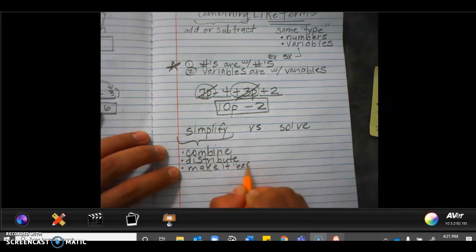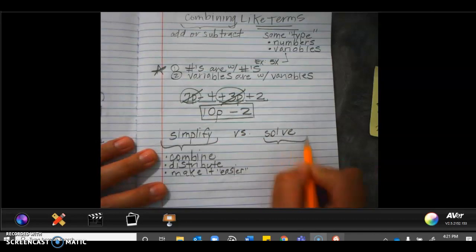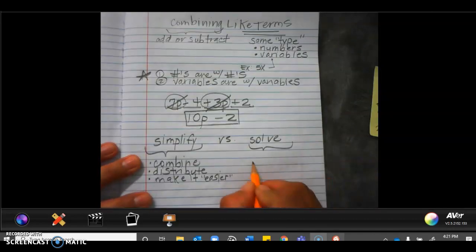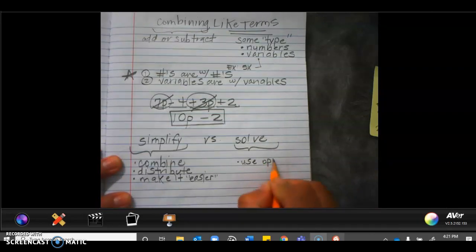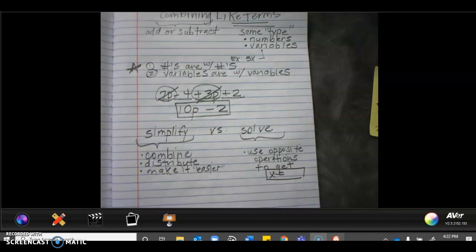Easier for ourselves to understand. We're making the process shorter. When we are solving something, we use opposite operations to get our variable alone. So to get x equals, for instance, we are solving for that variable.